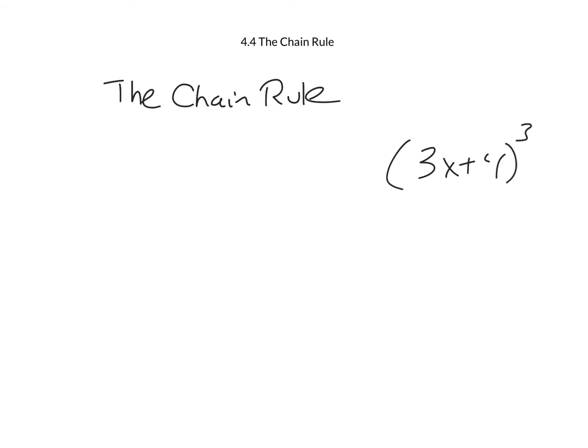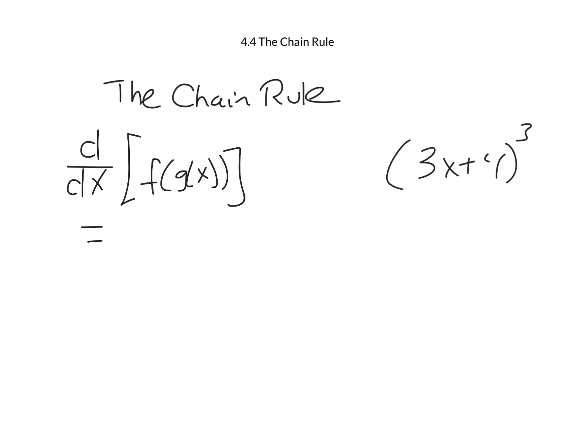Your book has quite a few ways of displaying the chain rule. These are my two favorites. If you're trying to find a derivative of what is essentially a composite function, it is equal to the derivative of the outside function, and we keep what's inside the same, times whatever the derivative of the inside is.